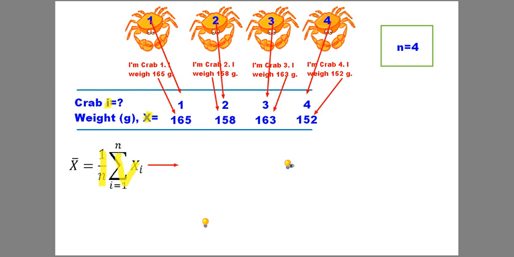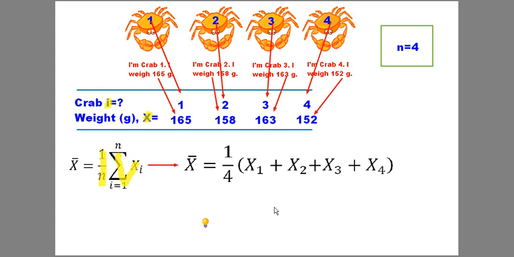So let's expand it out, and this is what it'll look like: 1 over 4 times observation 1 plus observation 2 plus observation 3 plus observation 4. To use this formula, all we need to do is transfer the values of the observations down here into the locations in the formula.